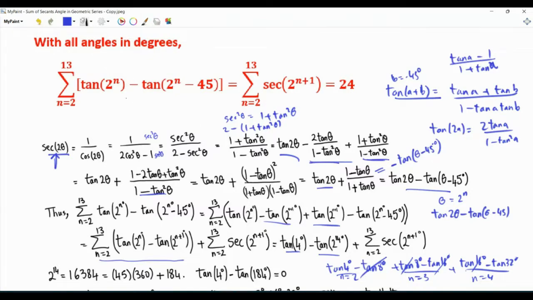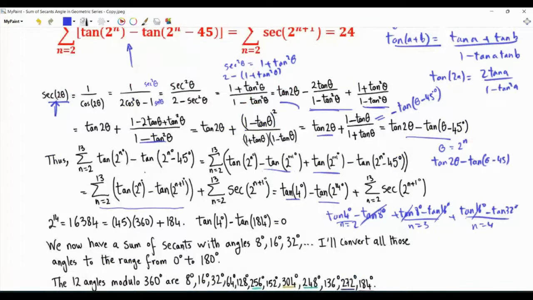So if we go back to our left-hand side, we insert tan 2 to the n plus 1 with a plus sign and minus sign, and split the summation into two sums.